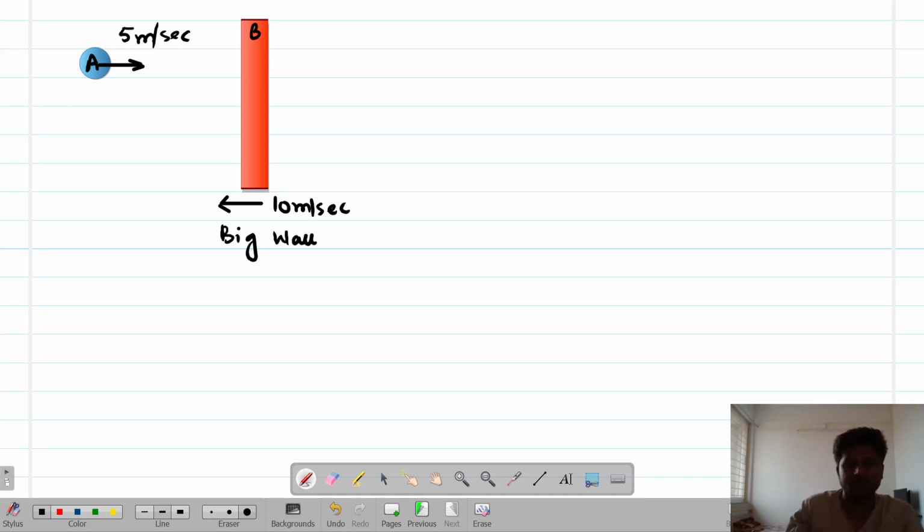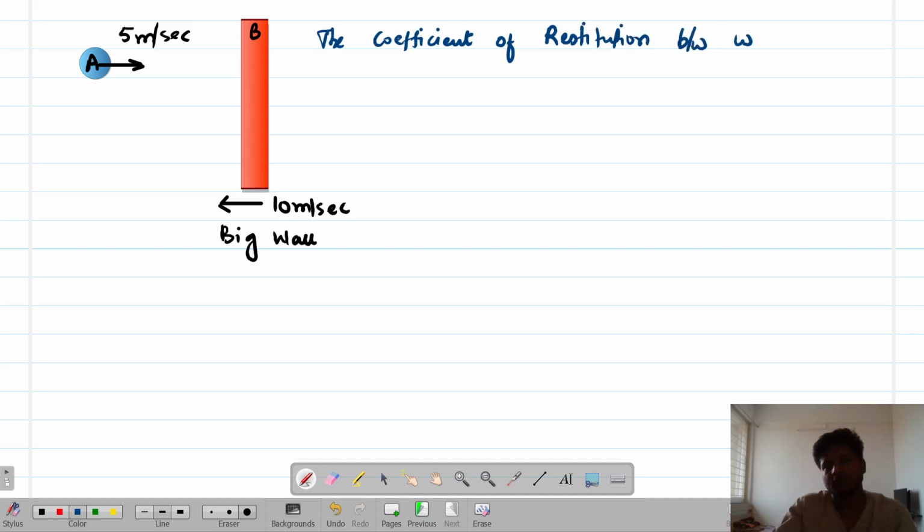But it was told that the coefficient of restitution between the wall and ball is 1 by 2.